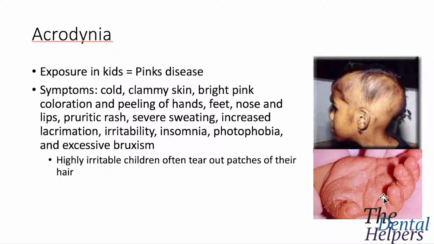These kids are known for tearing out patches of their hair, so that's what we're seeing right here. Some of the symptoms are cold, clammy, bright pink coloration, peeling of the hands, feet, nose, and lips, pruritic rash, severe sweating, increased lacrimation, irritability, insomnia, photophobia, and excessive bruxism.